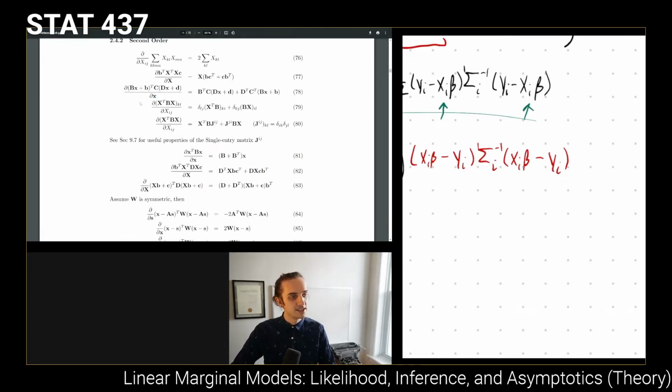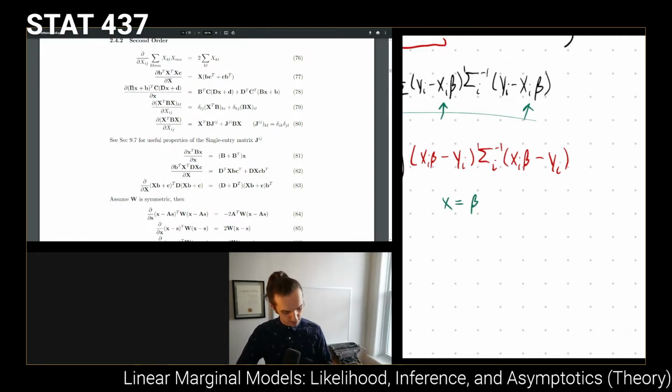But if you see, we're taking the derivative of an expression of this form, (Bx plus b) transpose C (Dx plus d). In this case, because we're differentiating with respect to this x, the x is going to correspond to our beta. So if we take x equals beta, then you can see that our expression maps onto this.